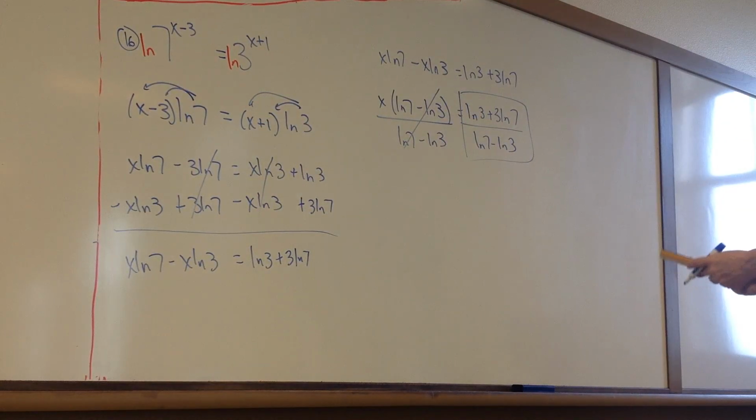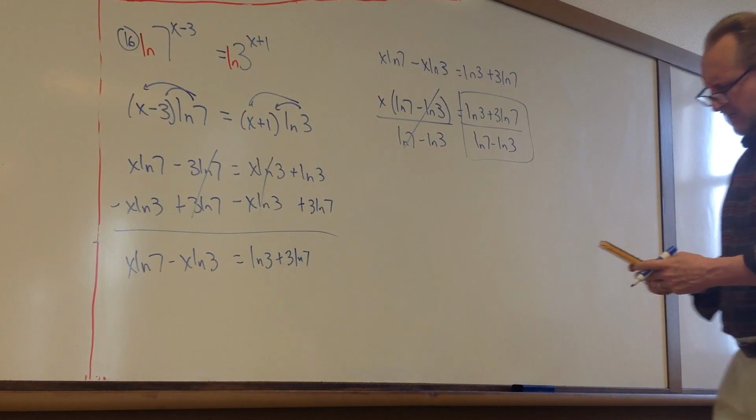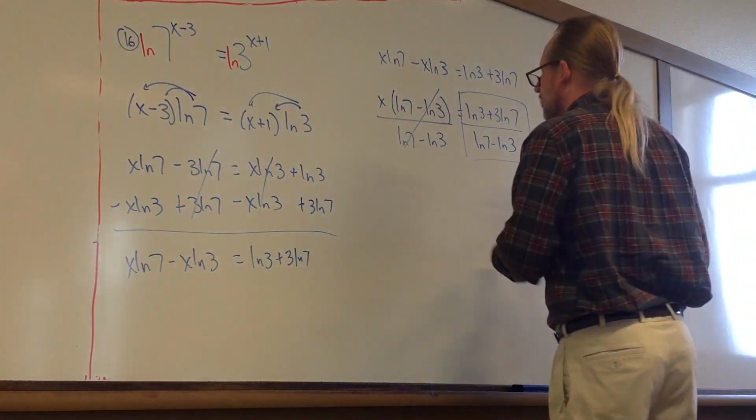So let's see. ln 3 plus 3 ln 7, and then we're going to divide that by ln 7 minus ln 3. And so we get 8.186.